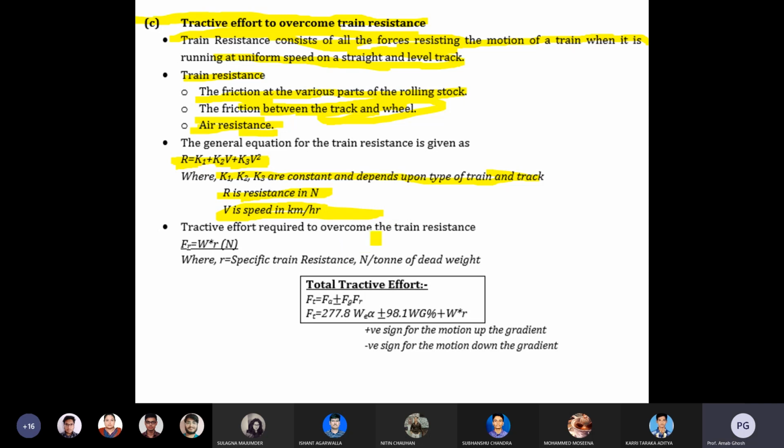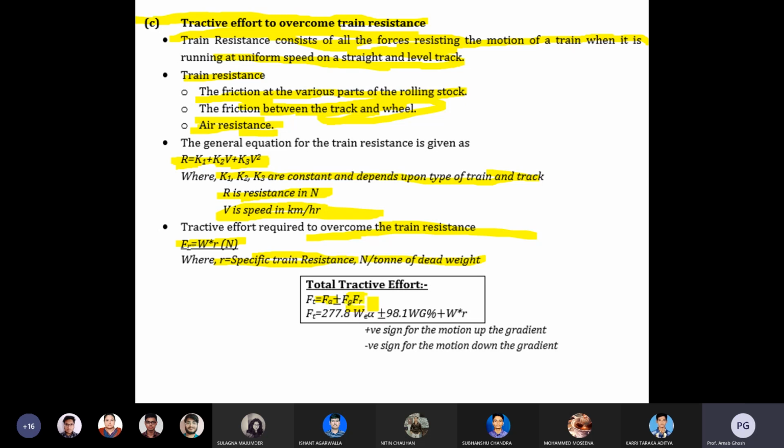The tractive effort is required to overcome the train resistance, so Fr equals W into R within brackets, in Newton, where R is the specific train resistance and W is the dead weight in tons. So what is the total tractive effort? F equals Fa plus or minus Fg plus Fr. Some printing mistake is there, so it should be plus Fr.